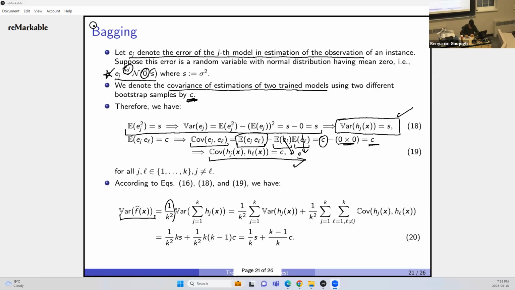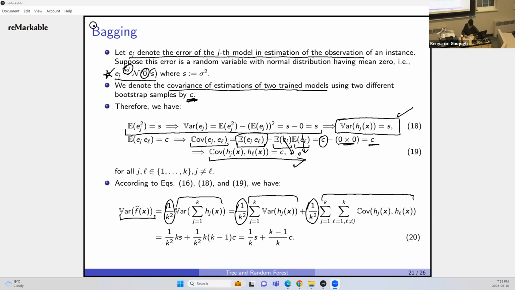So 1 over k squared, then I have the variance of this. We already proved in the preliminaries of this course that the variance of a summation is equal to the summation of variances plus the summation of covariances. So I have these two, and this 1 over k squared is multiplied to both terms.